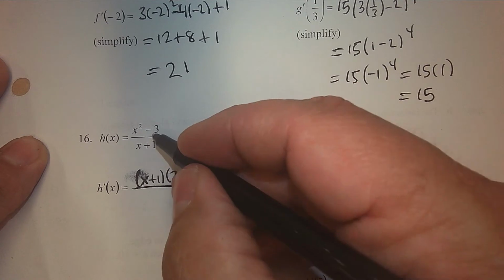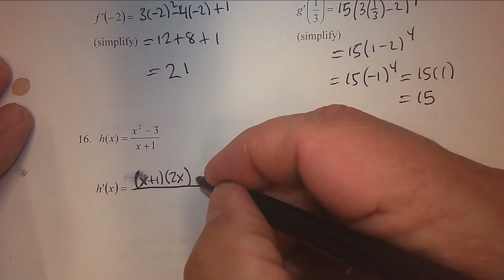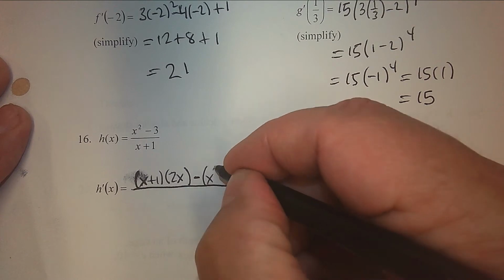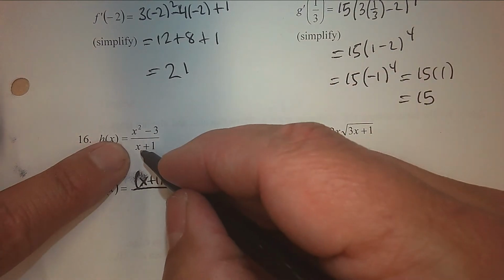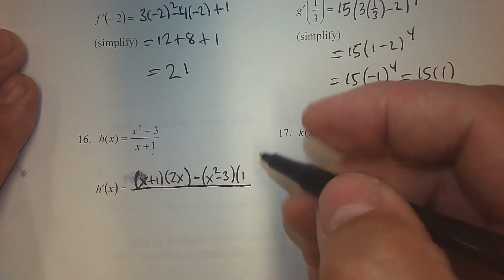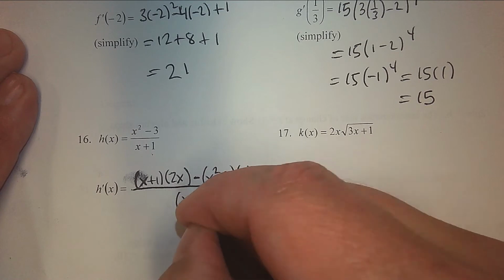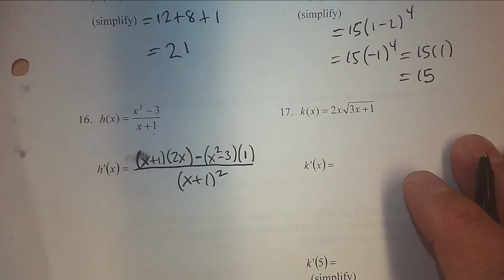The derivative of negative 3 is 0, so we don't include it. Subtract. Now it's the top, x squared, subtract 3, and then the derivative of the bottom. The derivative of just x is 1, and the derivative of 1 is 0. We don't include it. And then we take what's in the denominator and square it.